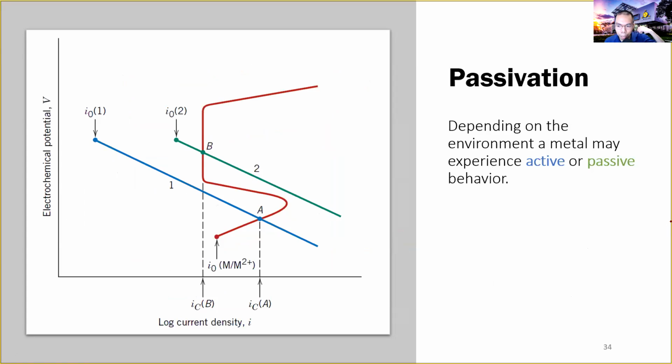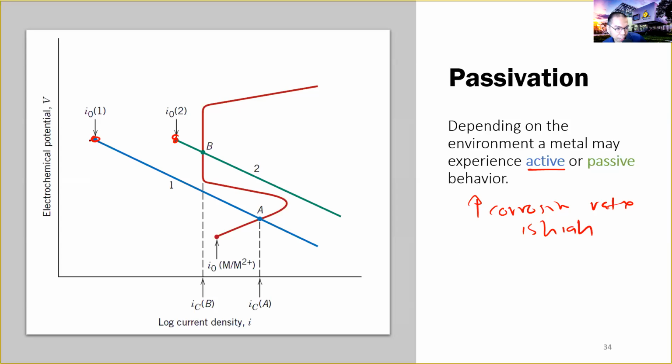So ang environment natin, this is just basically yung polarization curve, or basically kung paano na-set up yung polarization natin with the environment. So active yung behavior natin if mataas, if corrosion rate is high.